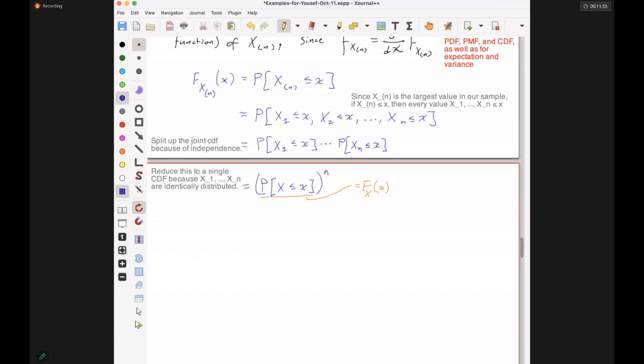Okay, so this is the probability that x is less than or equal to x. We can find this using the density function for x. So how do I write this in terms of the density of x?